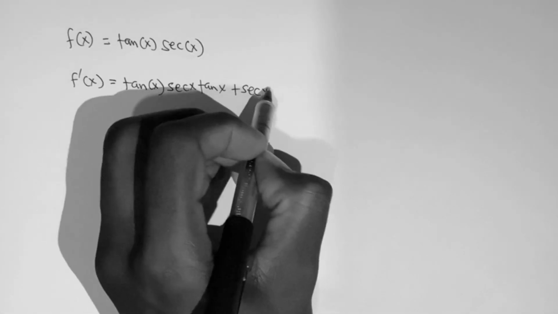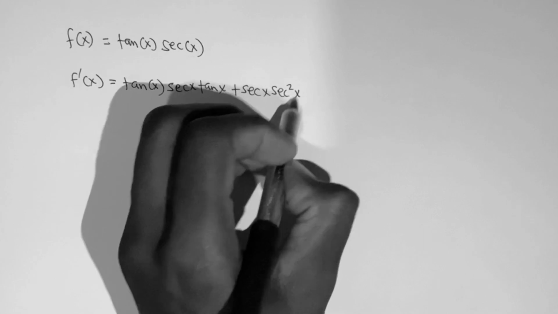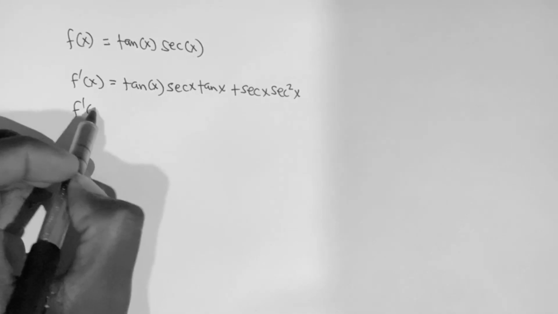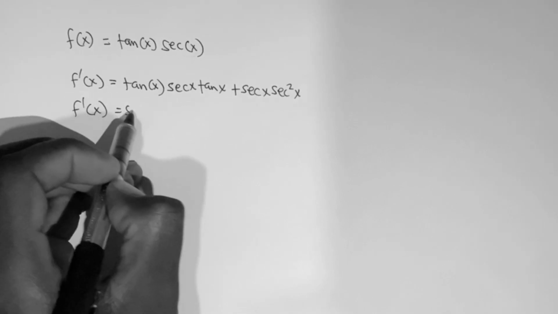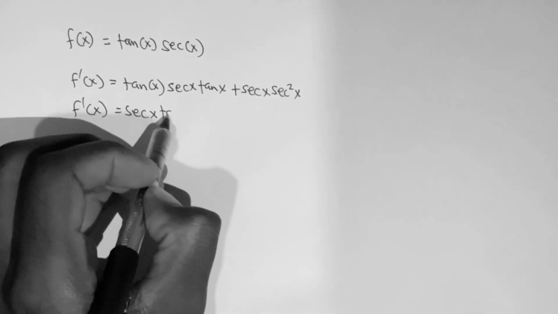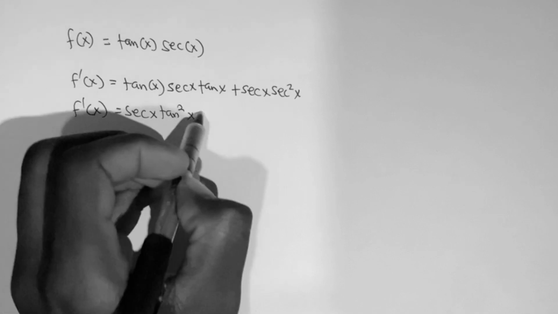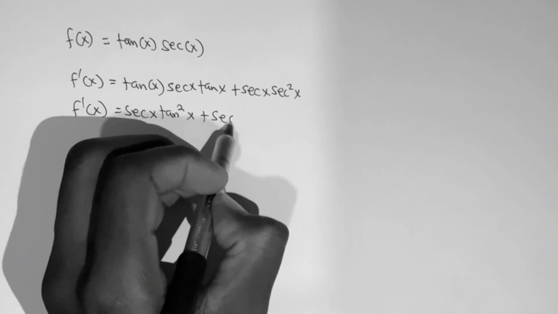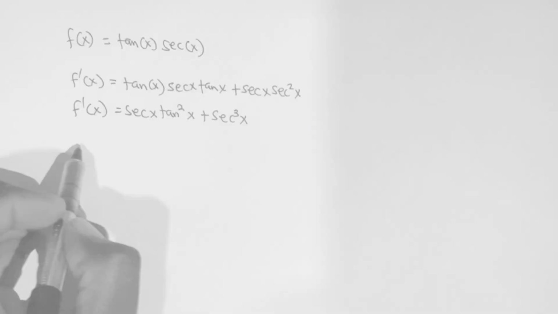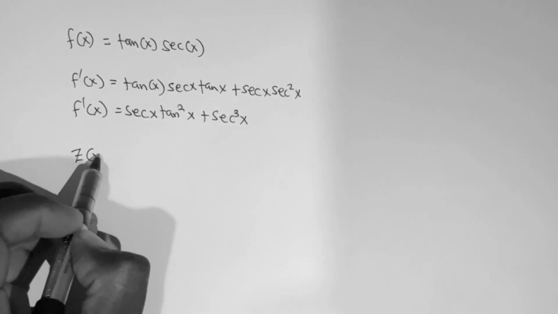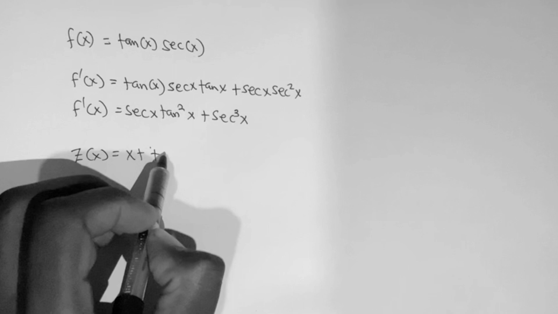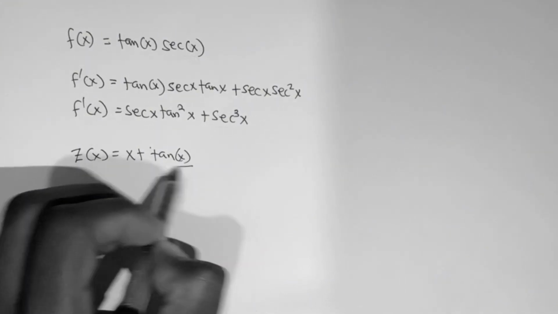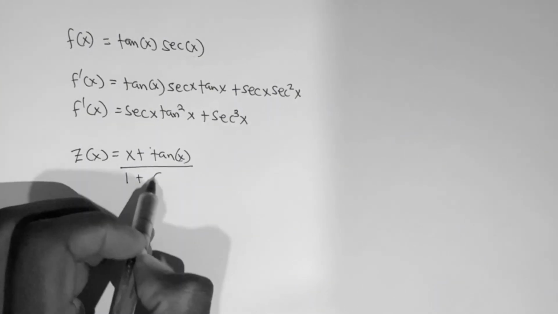If you differentiate tan x, you will get sec squared x. So f prime of x is equal to, this becomes sec x tan squared x plus sec cubed x.